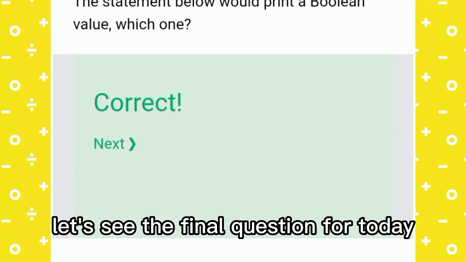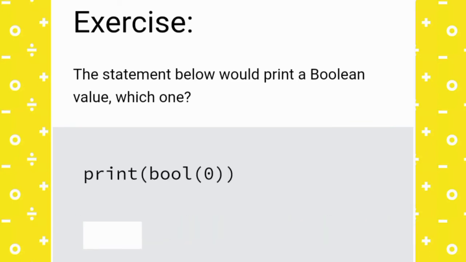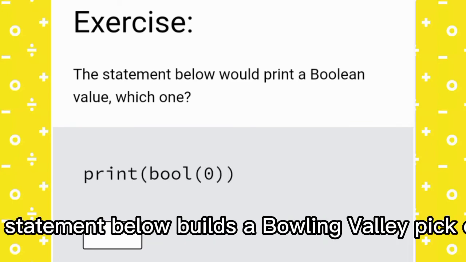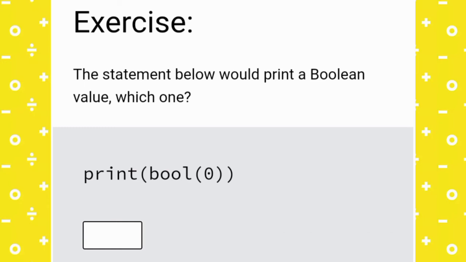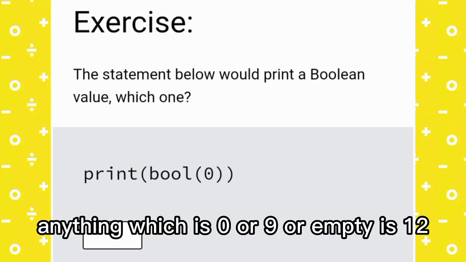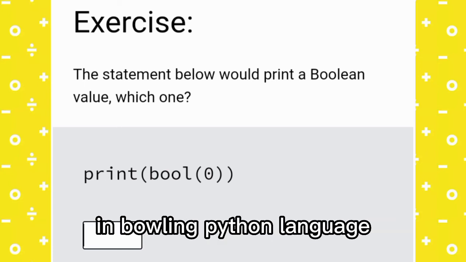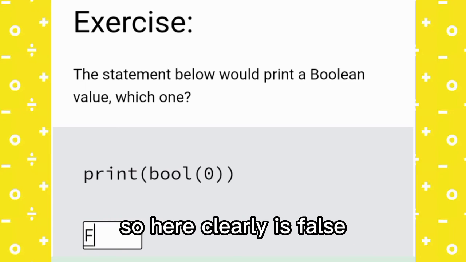Let's see the final question for today. The statement below will print a boolean value. Which one? You know, we've learned that anything which is 0 or None or empty is false in Boolean Python language. So here clearly is false.